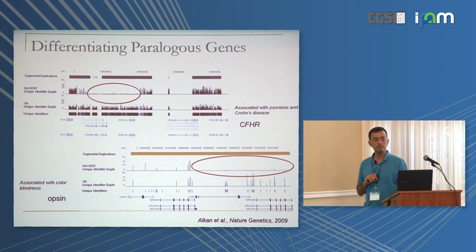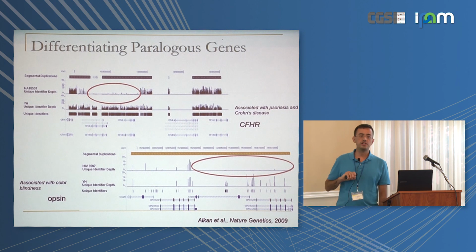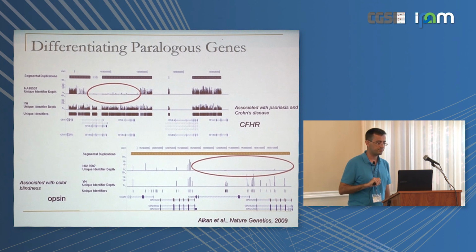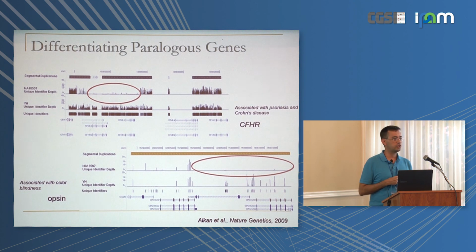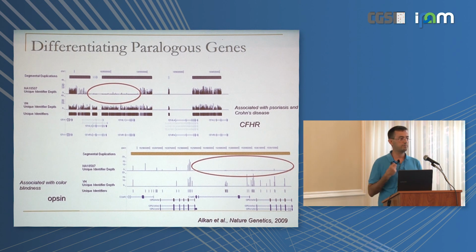It is also possible to differentiate between the paralogous genes with next-gen sequencing. So for example, here we have two different gene families, CFHR, which has 5 copies in the reference genome. And these are highly identical to each other. So if we just look at the mean copy number, we can just say this person has 3 versus this person has 5.